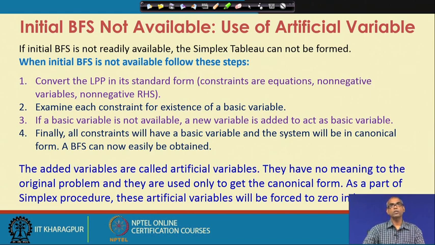After that, we will see that we can find the initial basic feasible solution to start with. And since these artificial variables have no meaning to the original problem, they should be forced to 0 in the later stages of the simplex procedure.